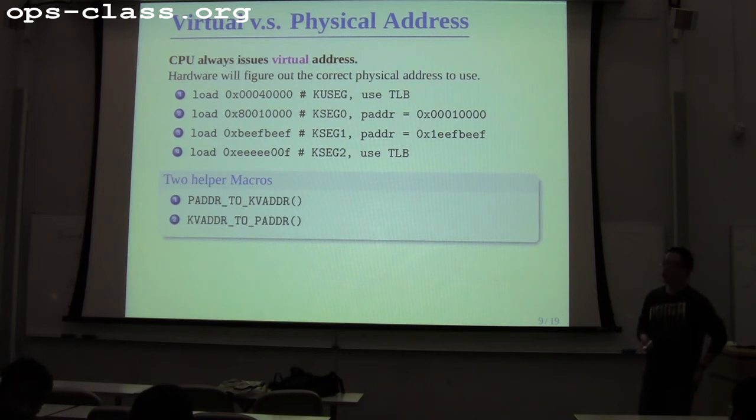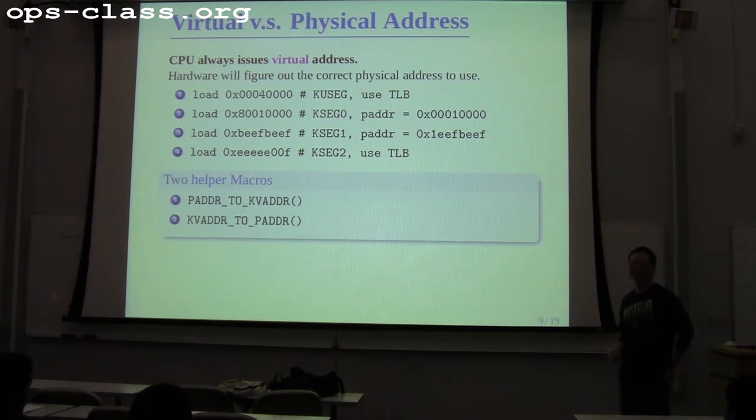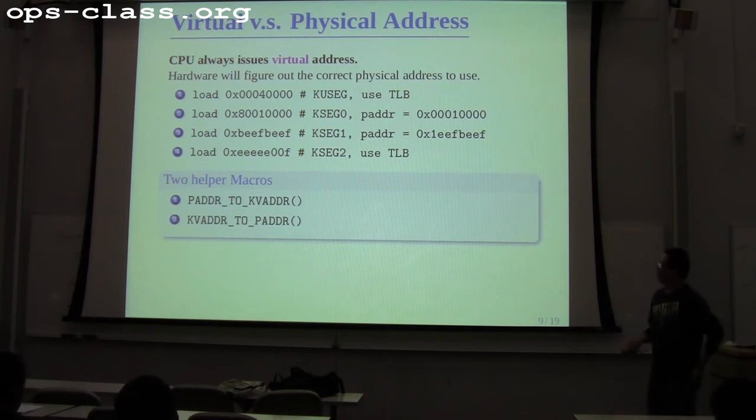The second macro there is not actually defined. I have to do it myself. You can define it. The second is kernel virtual address to physical address. Again, given this kernel virtual address, we subtract 0x80000000, and we get the physical address, right?